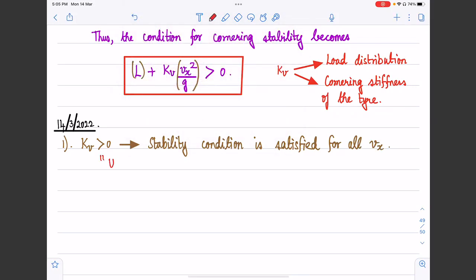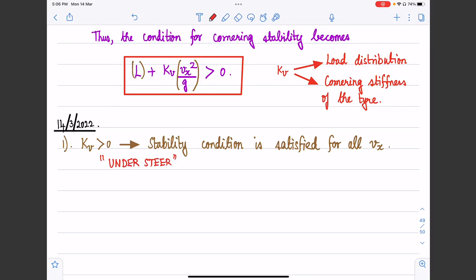This condition is what is called an understeer condition. So when the understeer gradient, or the understeer coefficient, of the vehicle is greater than 0, we have stability for all speeds.